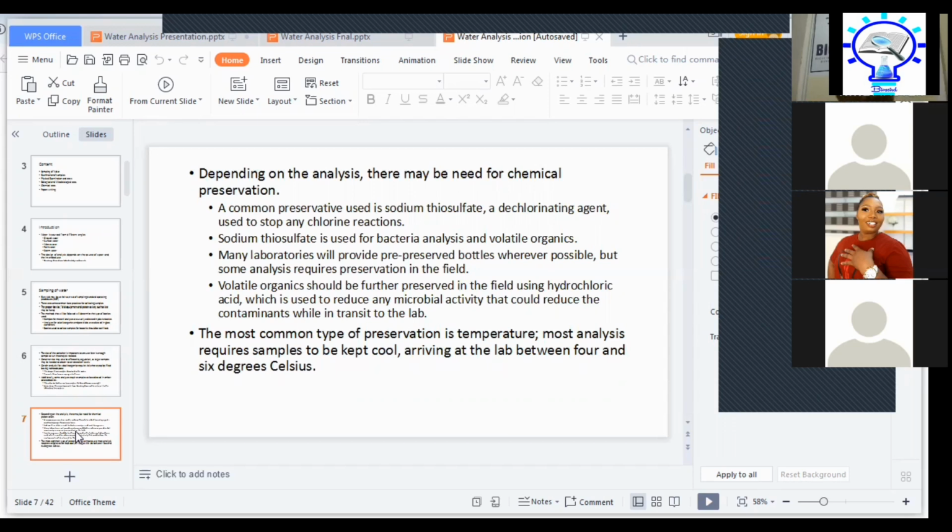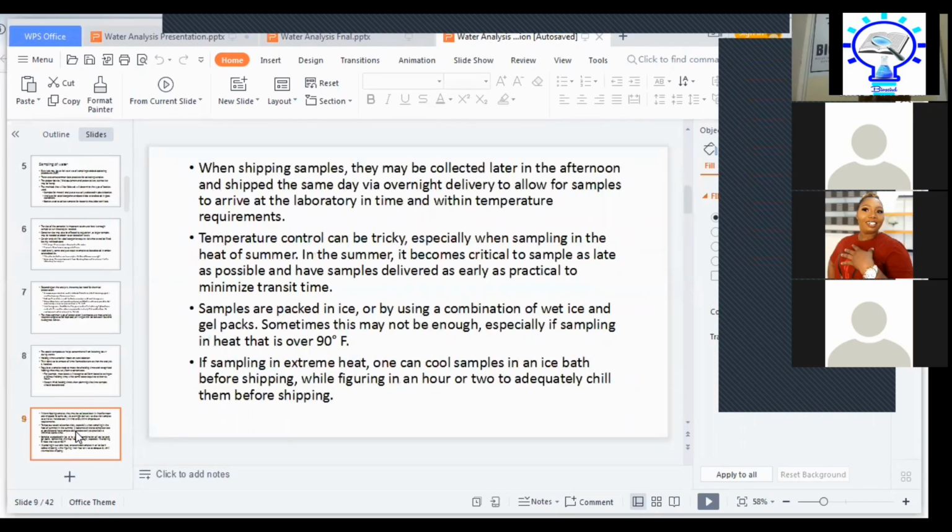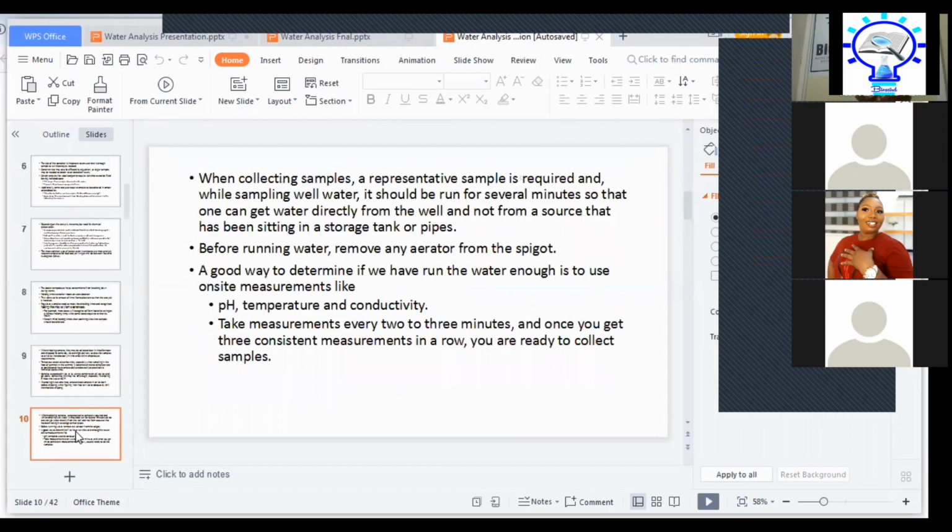So we need to add sodium thiosulfate to stop the activity of chlorine. Otherwise, what we took 3-4 days ago is not what we have today, because the reaction of chlorine continued. These instructions are on the slides. We'll still let you have the slides at the end of the presentation so you can look at them, okay? And it's important to put all of those things in place.